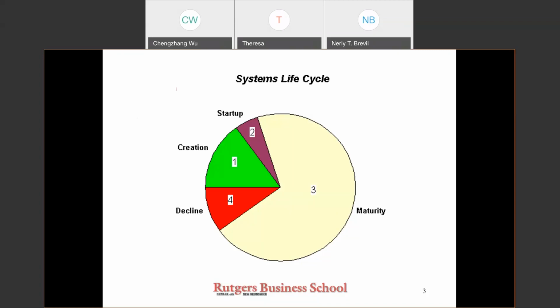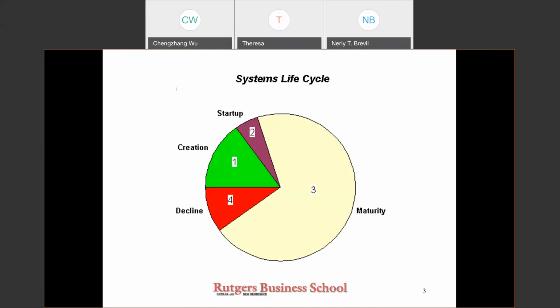The startup stage, typically the shortest stage in the system lifecycle, comprises the initial use periods when errors will be corrected and the system will likely be changed to better meet the user's needs.